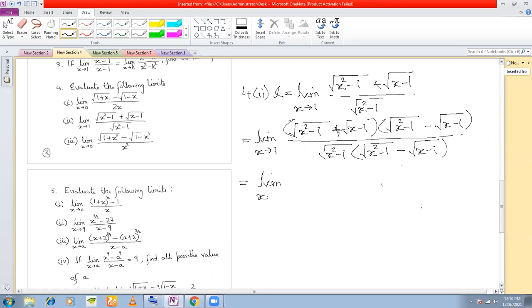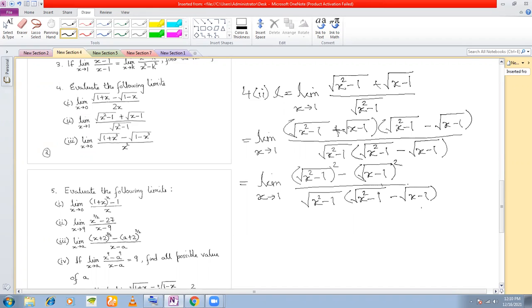So now in the numerator, I have a plus b into a minus b form, so that I can write this as root x square minus 1 whole square minus root x minus 1 whole square divided by root x square minus 1 into root x square minus 1 minus root x minus 1. Okay, so in the next step, we simplify the numerator. So we can remove the radical now, maintaining the brackets.